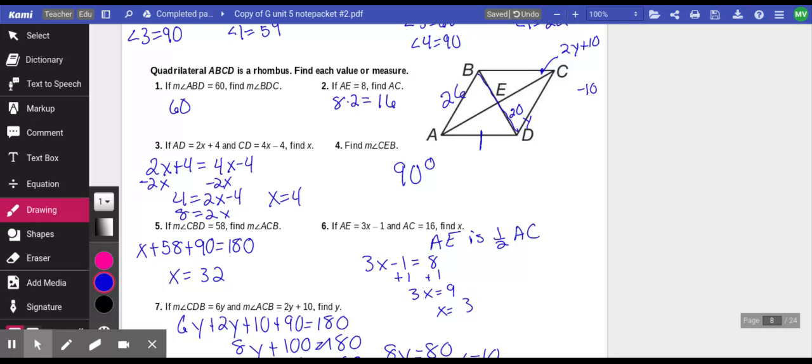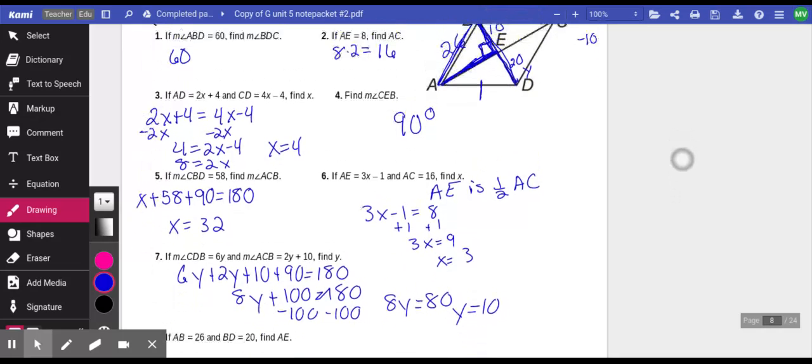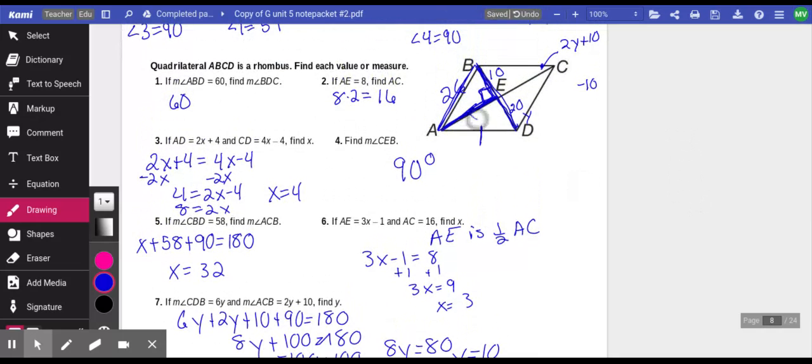Well, AC cuts BD in half, so that means BE is 10. And if I look right here, I have a right triangle because this is a right angle. If I'm looking for AE, that's one of the legs in my right triangle.